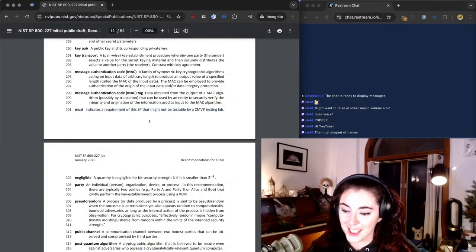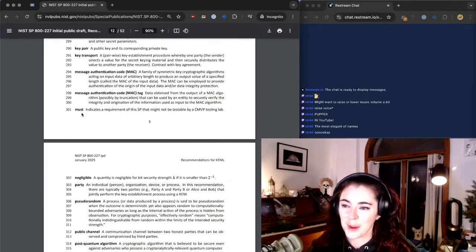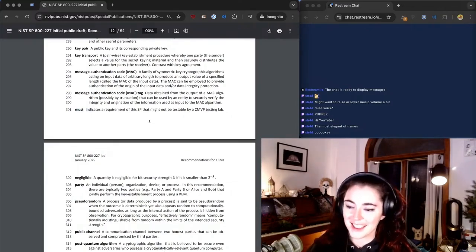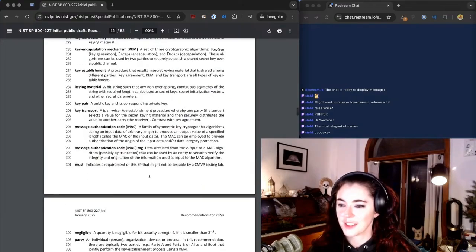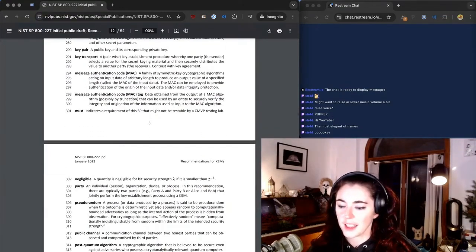And then their should. Yeah, their must is, it's so bad because they're all just operating in completely separate domains. But yeah, the top level is that shall, bold but not capitalized, is the Nist equivalent of IETF's must, all caps.